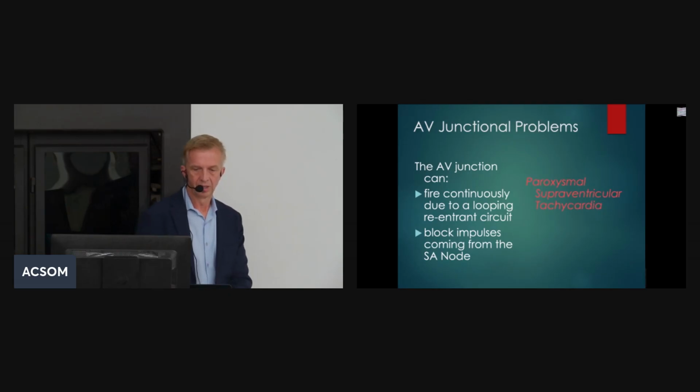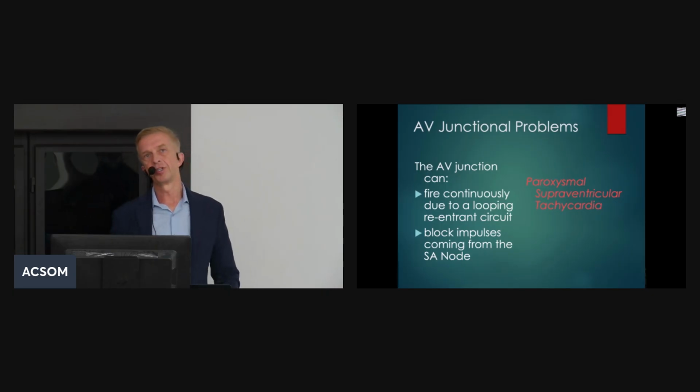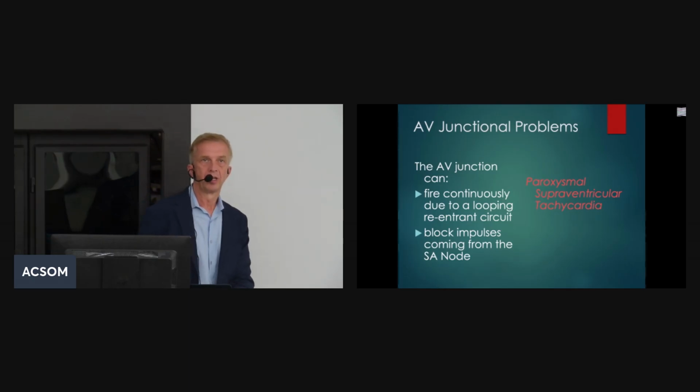Another arrhythmia that originates in the atria is called paroxysmal supraventricular tachycardia, which is caused by different mechanisms in the atria or the atrioventricular node. There are different types of paroxysmal supraventricular tachycardia.